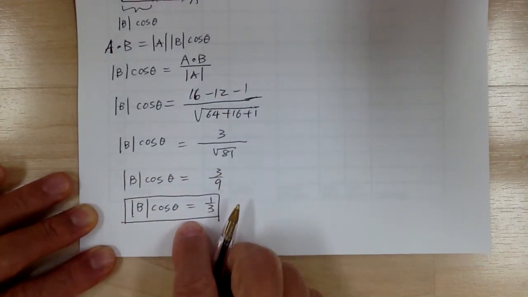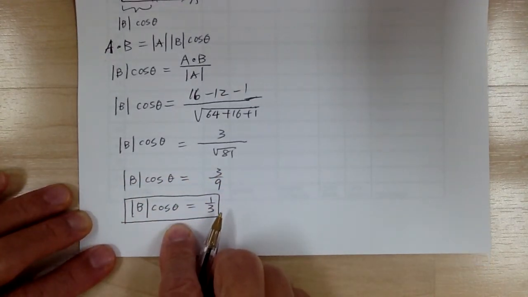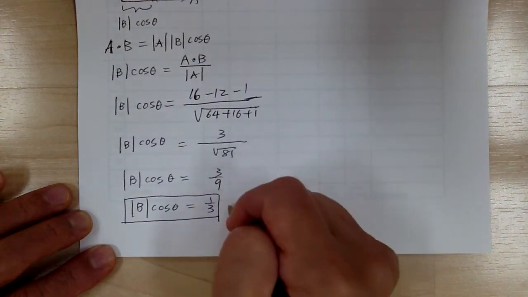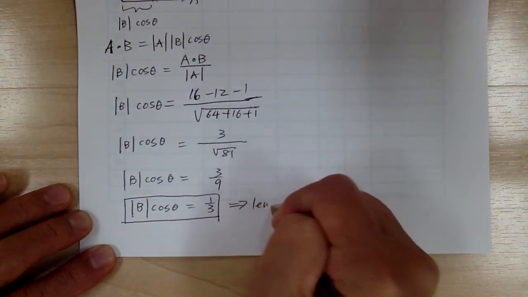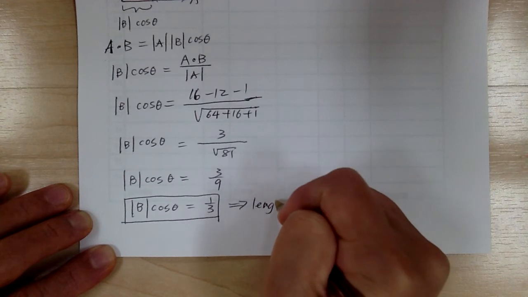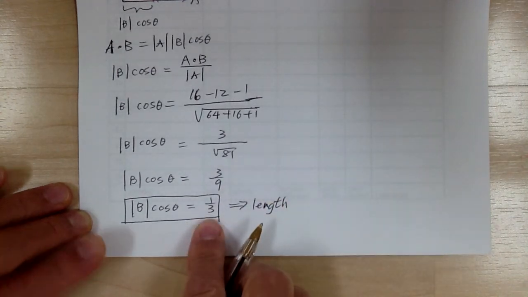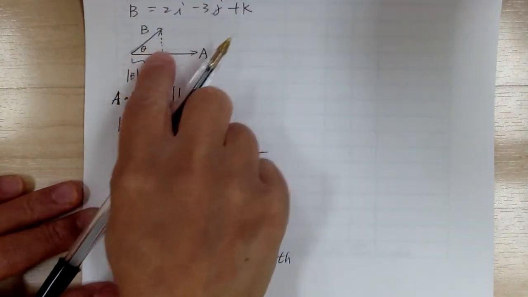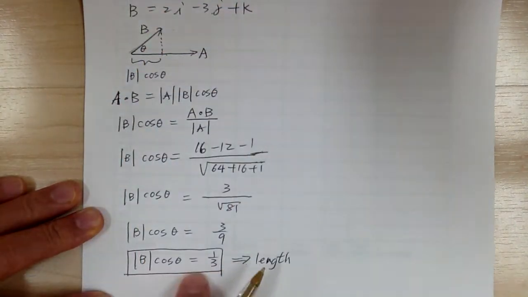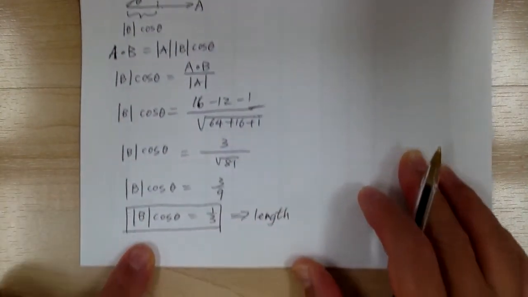So this is just the scalar projection. Scalar projection is the length of the shadow. So the length of the shadow is 1/3. Okay, so that's your scalar projection.